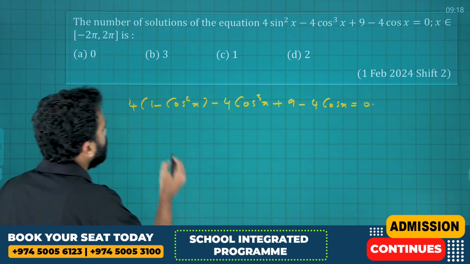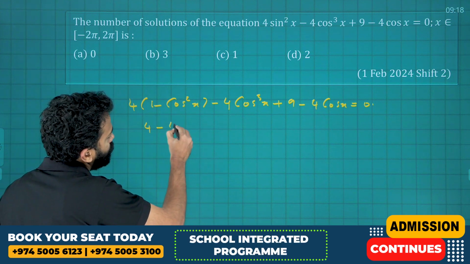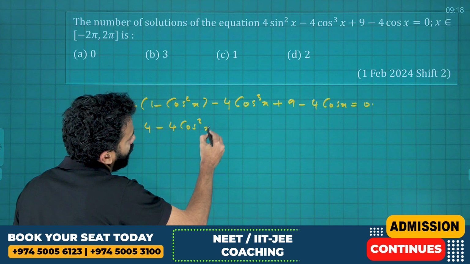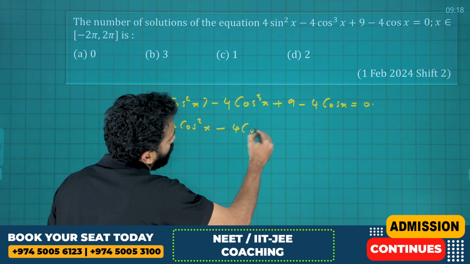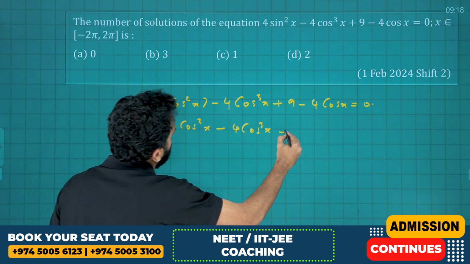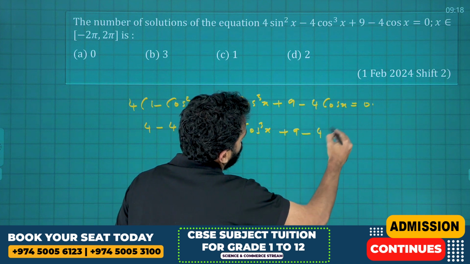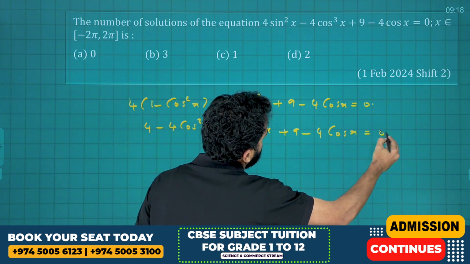And if you open it, it will be 4 minus 4 cos square x minus 4 cos cube x plus 9 minus 4 cos x is equal to 0.